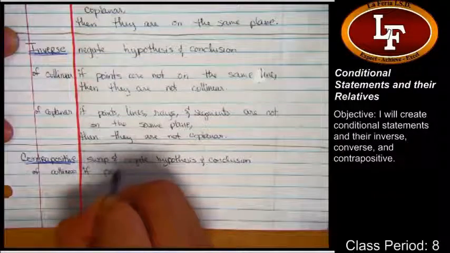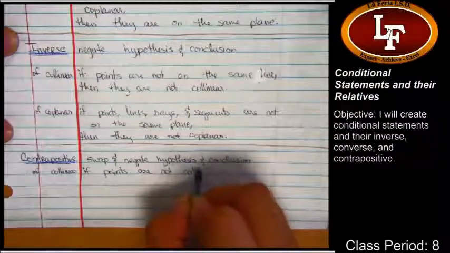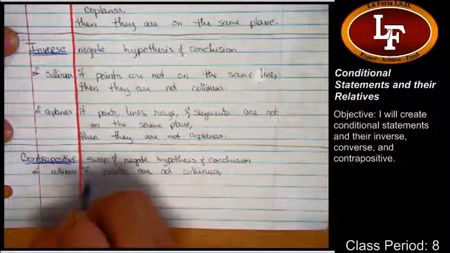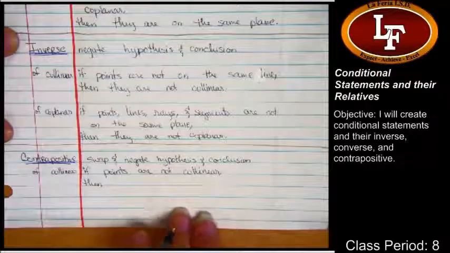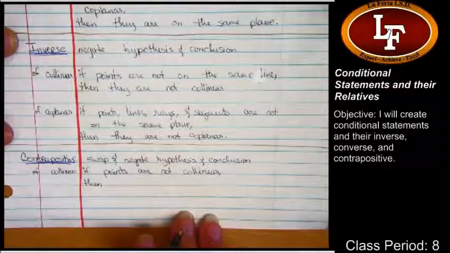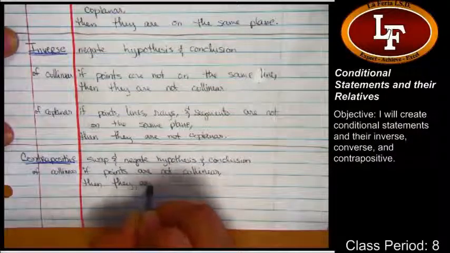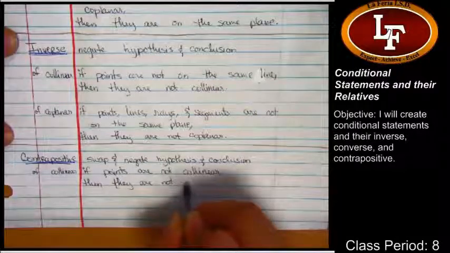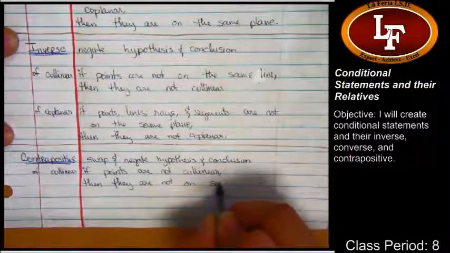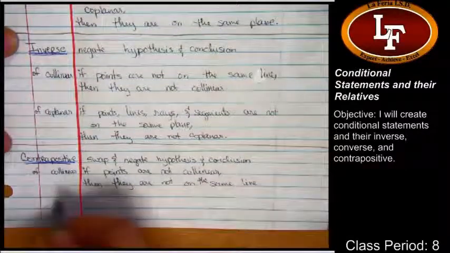If points are not collinear, then what was the original hypothesis? Points are on the same line. Negate it. They are not on the same line.